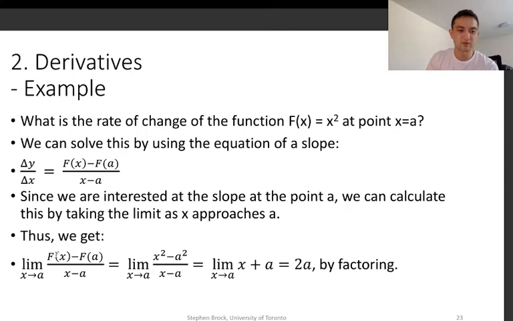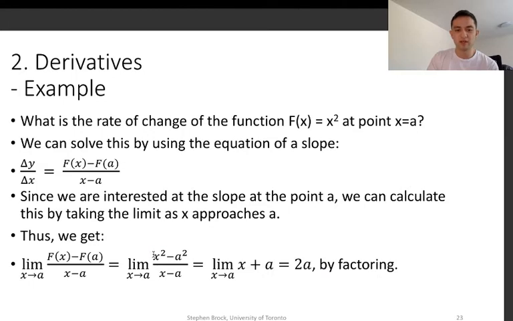So we get the limit as x approaches a of f of x minus f of a divided by x minus a, which is equal to the limit as x approaches a of x squared minus a squared divided by x minus a. You might think, okay, Steven, like you said, we can just plug in the value for a limit. But in this case, it actually won't work, because if you plug in x equals a here, the denominator is 0 and this whole fraction becomes undefined.